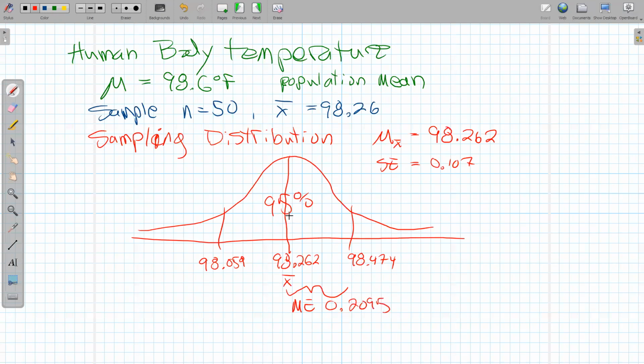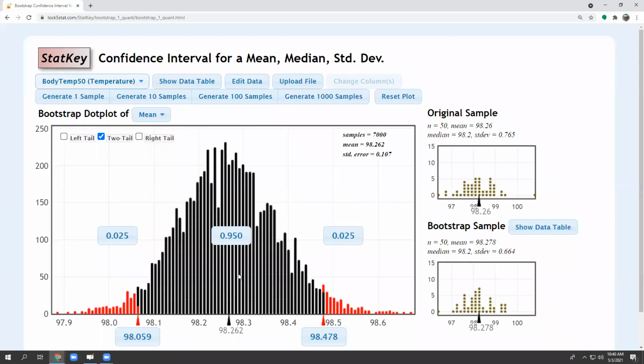Now, using the 95% rule, remember, I'm going to keep bringing this up a lot. I'm confused. On your calculation, you used a 99 something, but on the chart here, you have 98.474. Back here, did I miscopy something? So here's my simulation in StatKey. I'm aiming for 95% in the middle. So my lower end is 98.059 and my upper is 98.478.